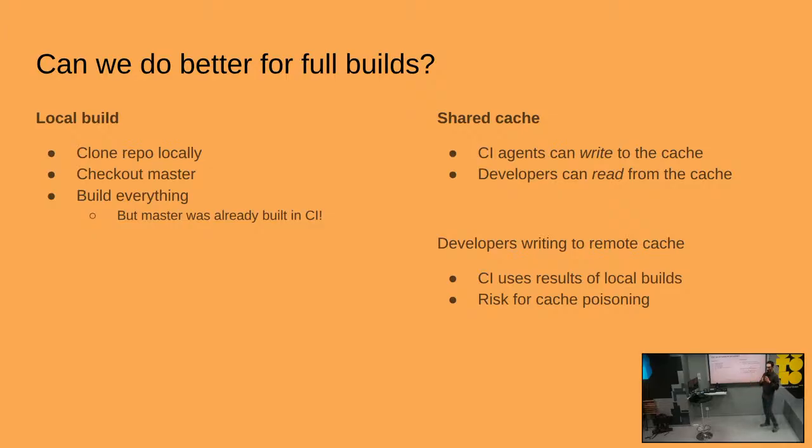So what if the CI agent that has built your master branch stores that cache information somewhere, and the agents can write to the cache, but then you developers would be able to read from the cache. So whenever you check out your master branch locally, before actually starting the build, the build system would be checking, hey, let me look into the shared cache that we use within our organization and see if someone has built those sources for this SHA as the contents that you have now.